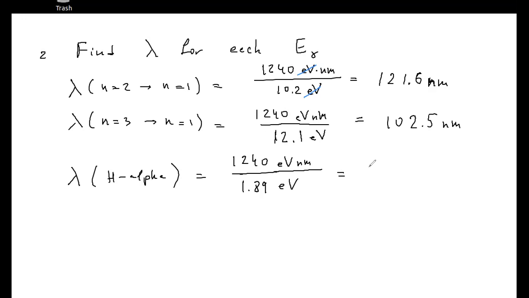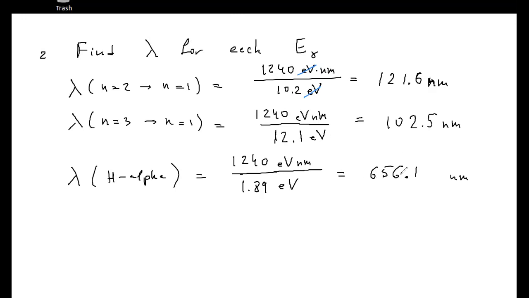I got 656.1. Yes. Amar should know 5 digits. 656.13 or 15. Amar, what is the accurate H alpha line position? I think it's 6563, right? So then we are close enough with our calculation.